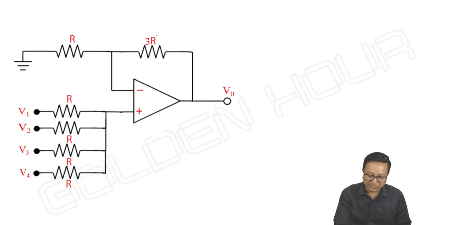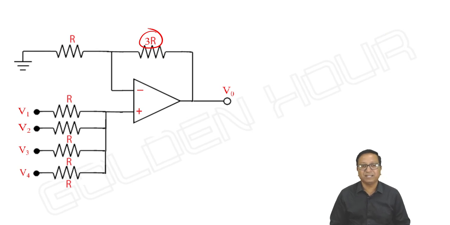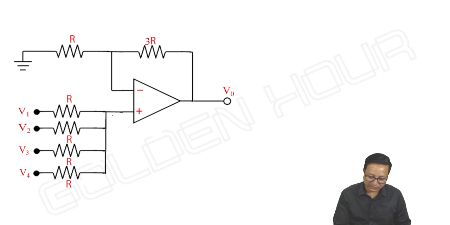For 4 inputs, just as an extension I am mentioning here, instead of R it should be 3R. Look at the sum of the resistors: R + R + R + R is 4R, and this R plus 3R, the total should be 4R. The procedure remains the same. V+ at node A, and V− is equal to V+.